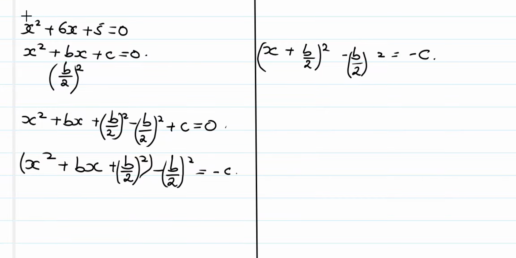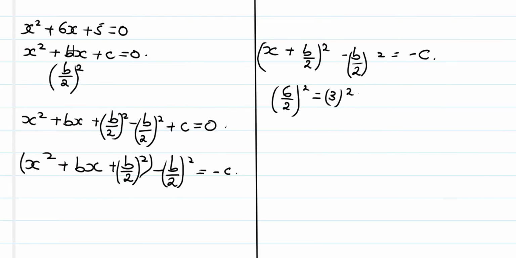If I have x squared plus 6x plus 5 equals 0, the first thing is to take the coefficient of x, which is 6. So 6 over 2, which becomes 3, but now 3 squared.